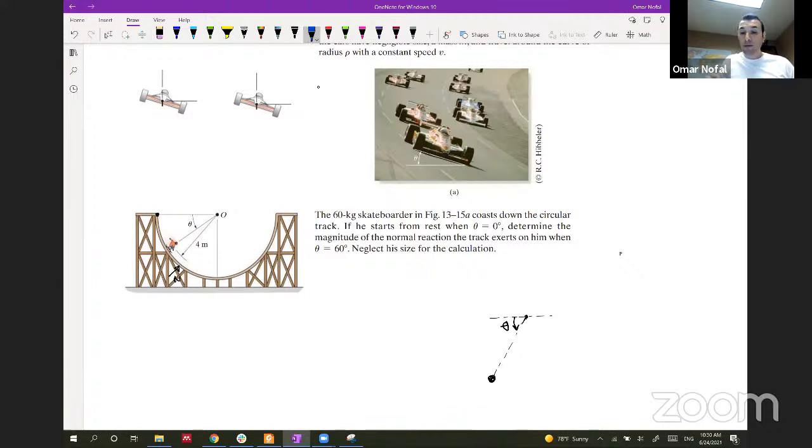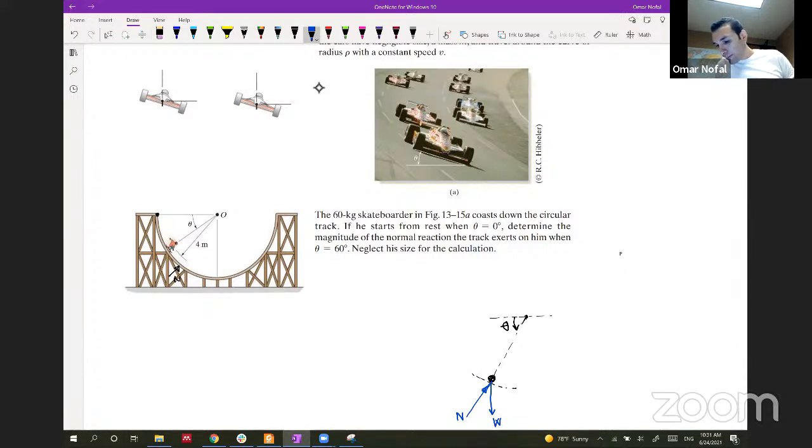So let's now see what the forces are that we have on this skateboarder. He will have the weight going down, and we know that he's moving on a surface. This surface is something like this, and the normal reaction should be normal to this surface, so we will have a normal force like this.